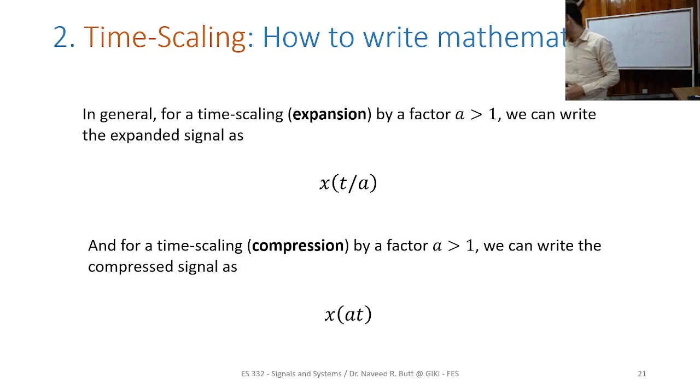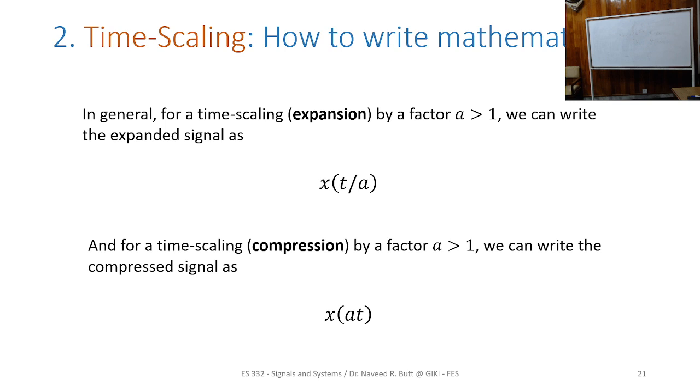If a is less than 1, then what is x(t by a)?